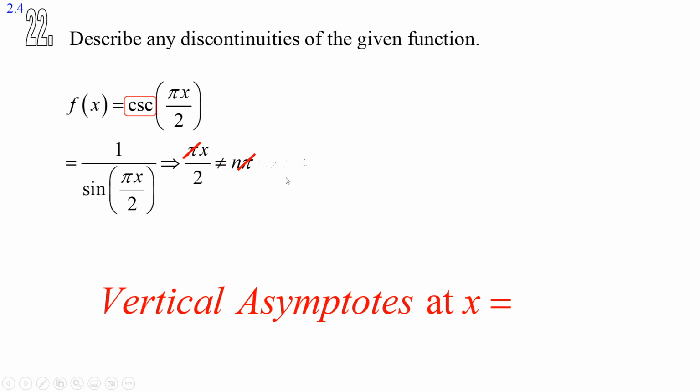Oh, that's cool. So x cannot equal any even integer 2n. That's what that means right there, because n can be any integer like negative 1 or negative 2. So 2 times negative 1 is negative 2. 2 times 0 is 0, and so on. So vertical asymptotes at every even integer.